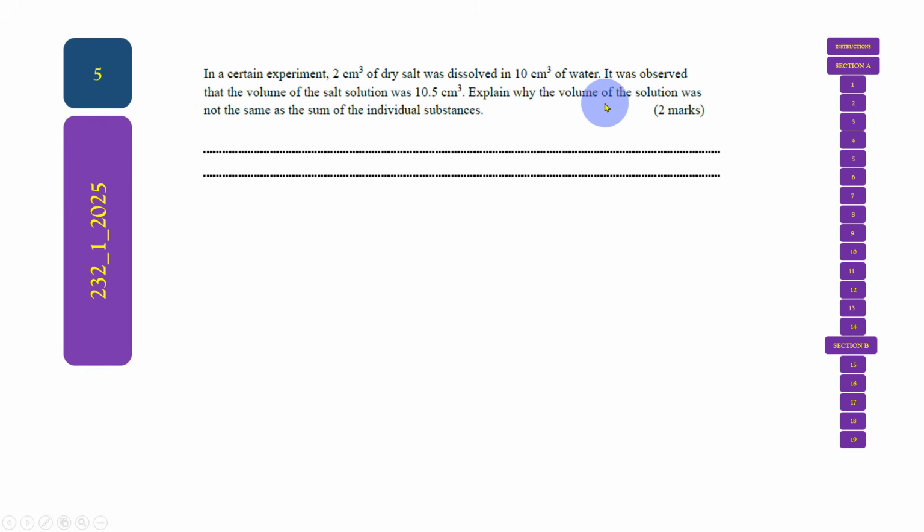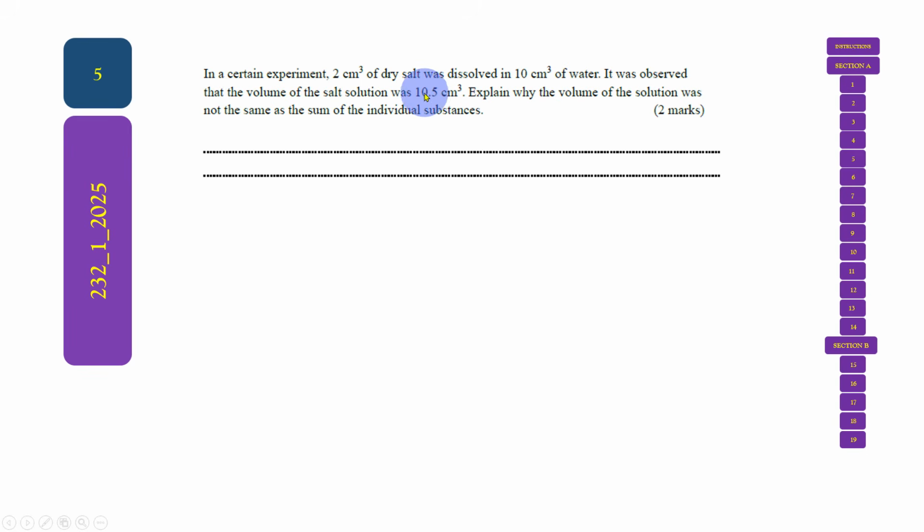Explain why the volume of the solution was not the same as the sum of the individual substances, because we would have expected 2 centimeters cubed plus 10 centimeters cubed to give us 12 centimeters cubed. But we have seen that when we add 2 centimeters cubed of salt to 10 centimeters cubed of water, we gain 10.5 centimeters cubed of solution.